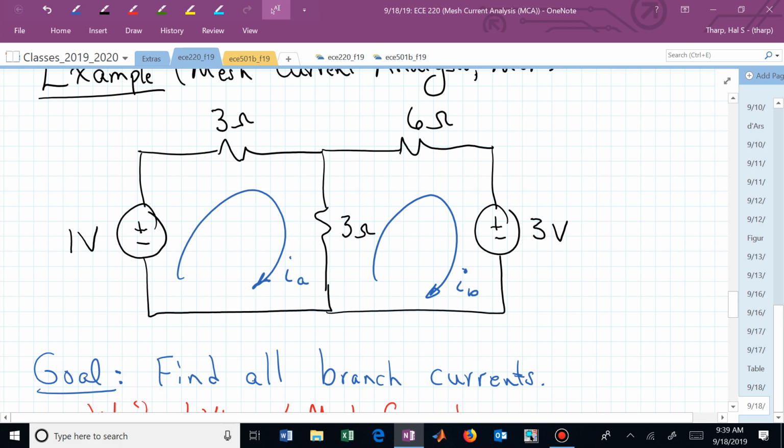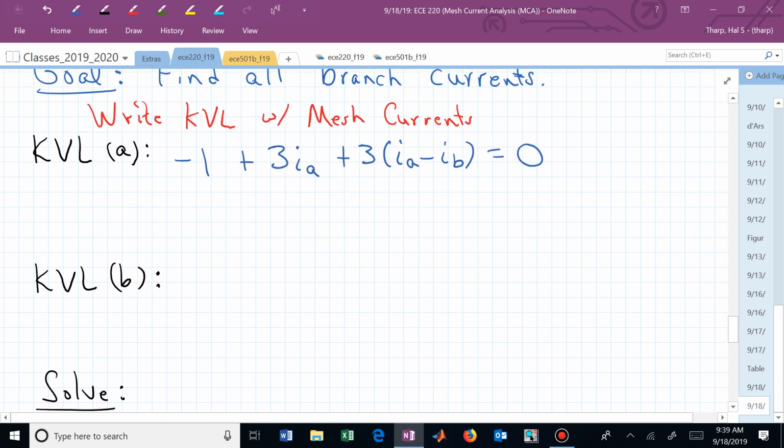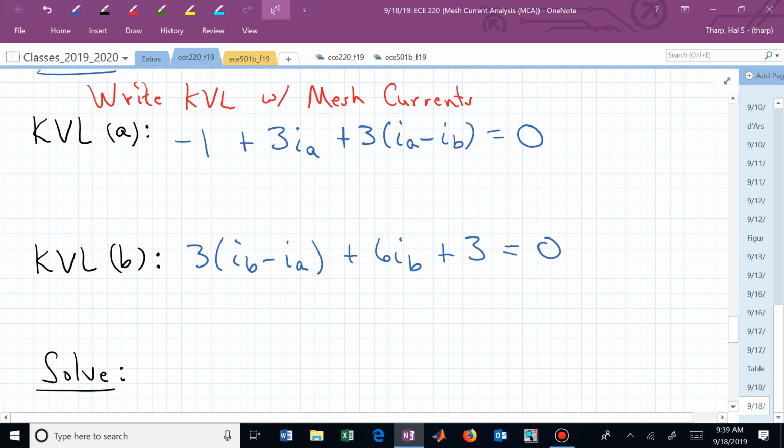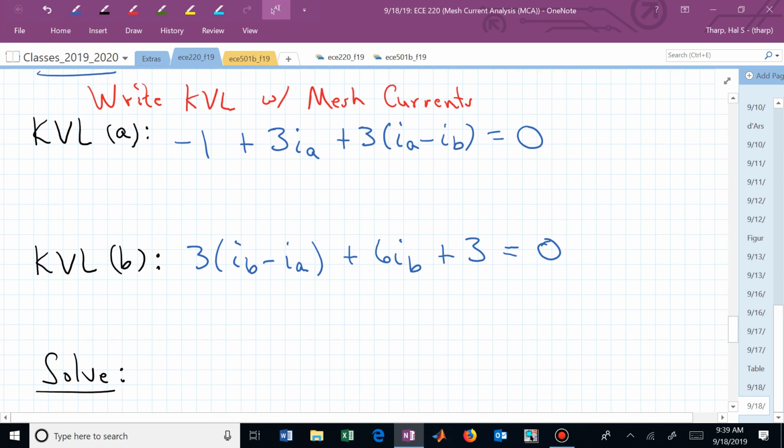That's now times I sub B minus I sub A, plus 6 I sub B plus 3 equals 0. So KVL for B is now 3 times I sub B minus I sub A plus 6 I sub B plus 3 is equal to 0. That's basically step 2 of this mesh current analysis. We identified the mesh currents. That was step 1. Step 2 is write the equations that govern those mesh currents.